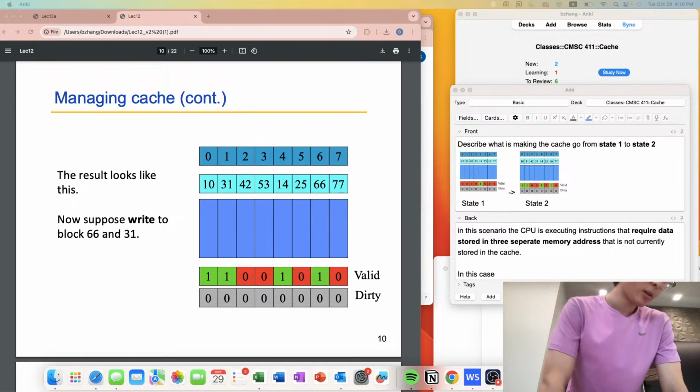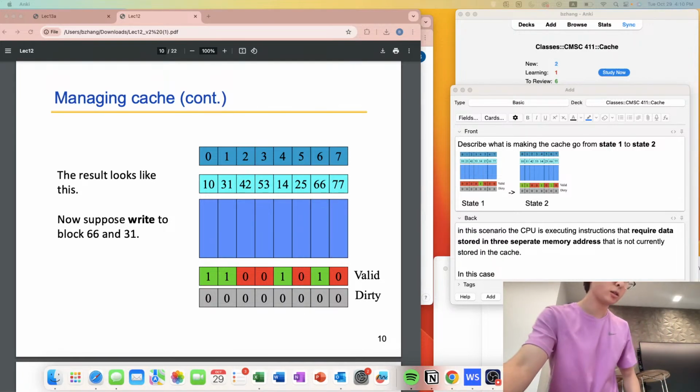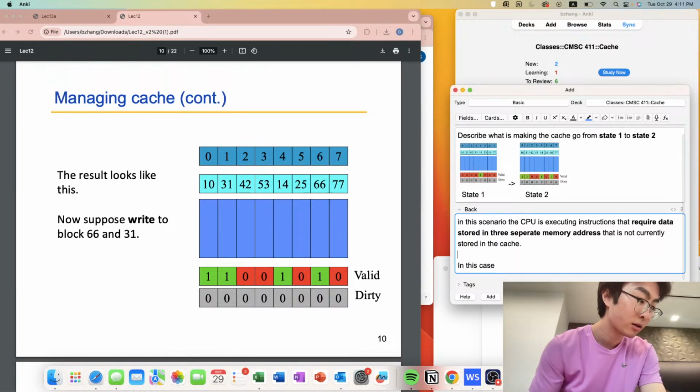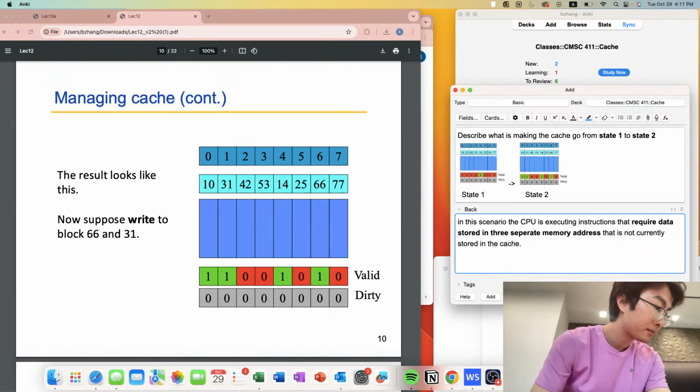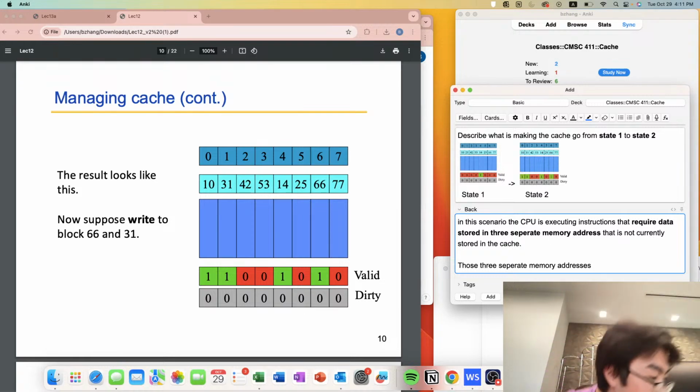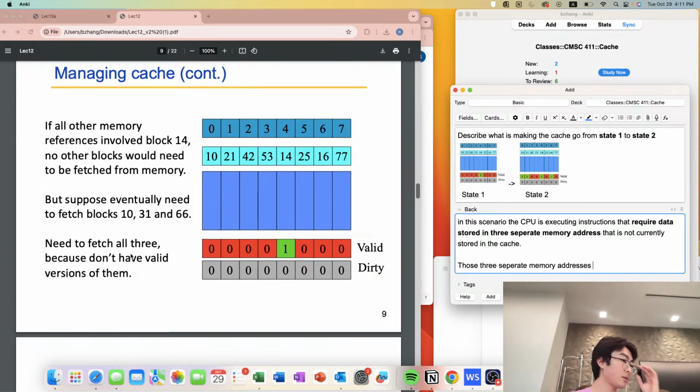Okay, it's not currently stored in the cache. Instructions are correct. Data stored in 3 separate memory addresses that's not currently stored in the cache. Reference 3 blocks: 10, 35, and 66.